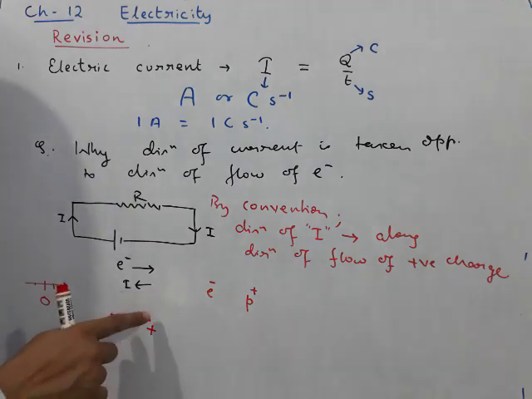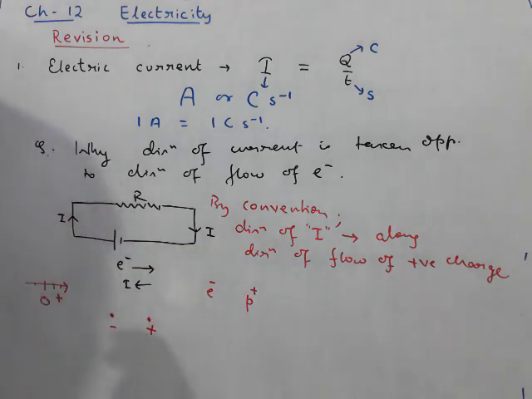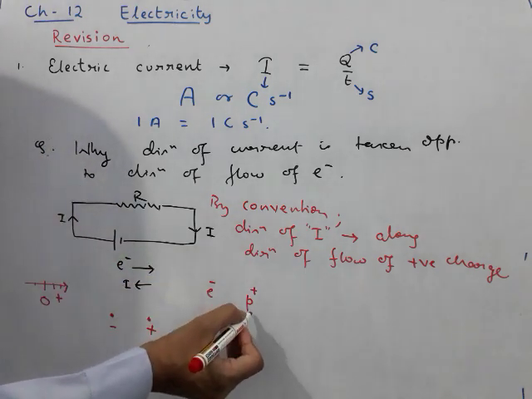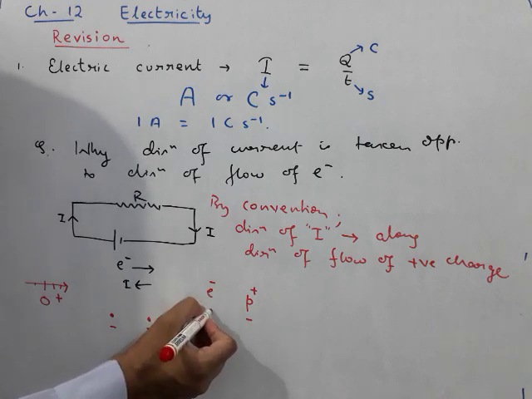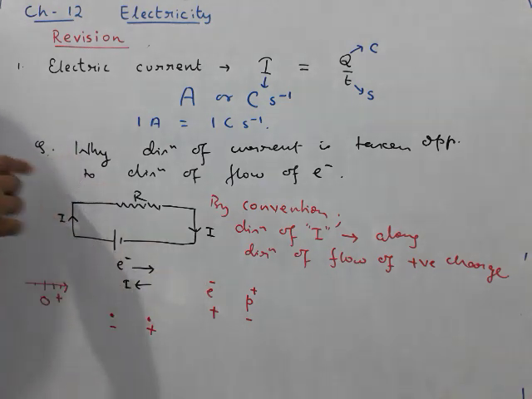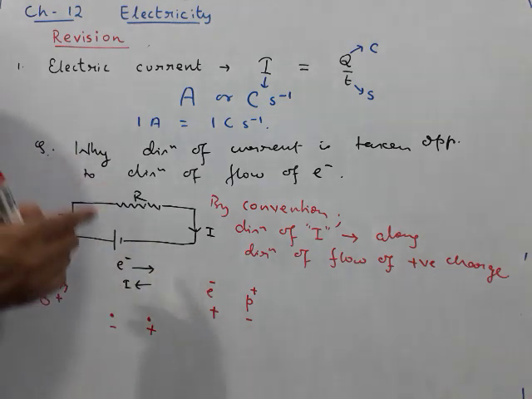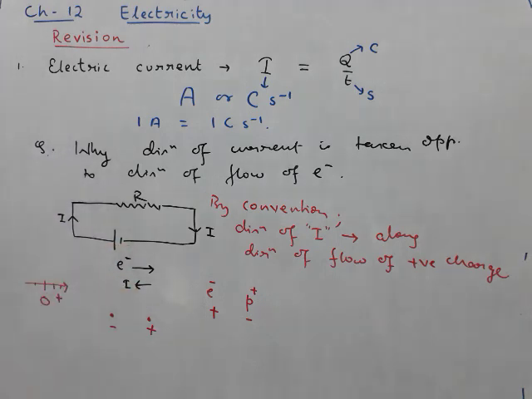Now out of these two, one of them we have to choose as negative. So it could have been proton, it could have been electron. If proton would have been chosen to have a negative charge and electron would have been chosen to be positive charge, then this question would not have arisen. Because in that case, if electrons were positive charge, direction of current and direction of electron would be same.